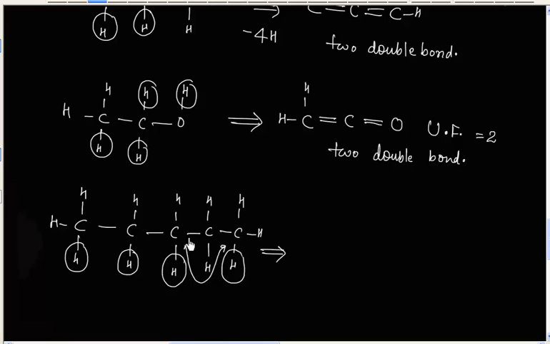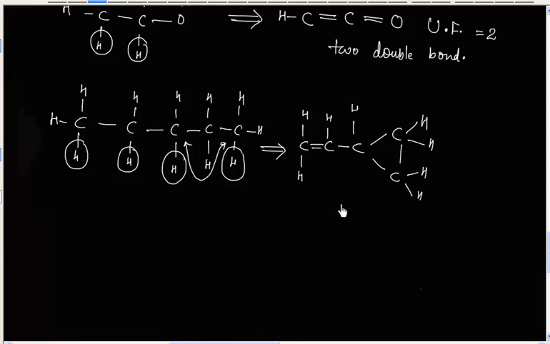What will happen in this case? So these 3 carbons will form a ring. Each carbon will have 2 hydrogen. This will have only 1 hydrogen. And this carbon is connected to this carbon, and this carbon will have a double bond. And this carbon will have 2 hydrogen. And this carbon will have a hydrogen.